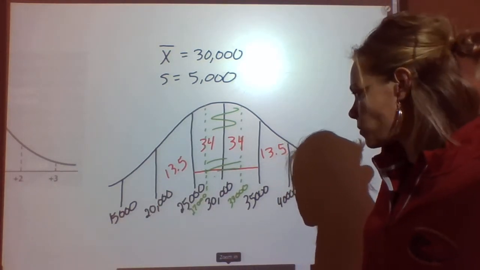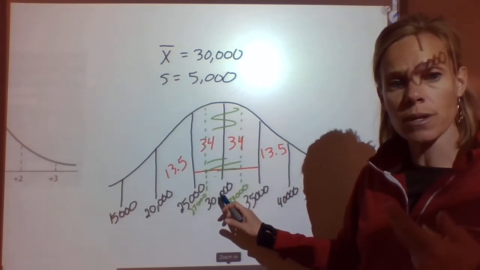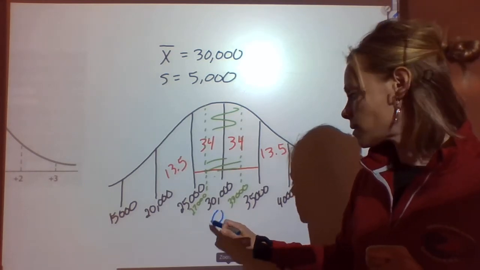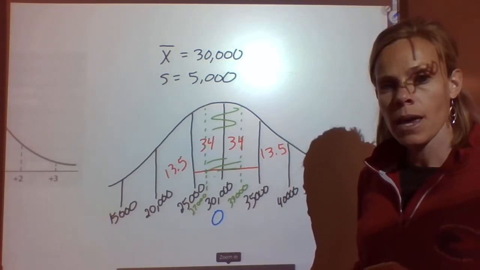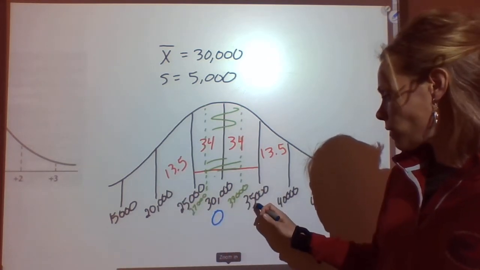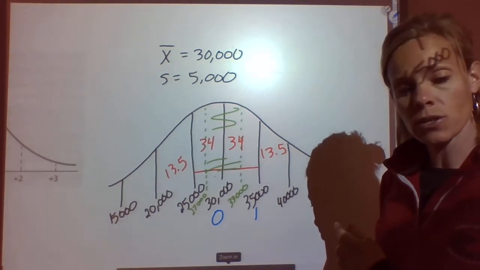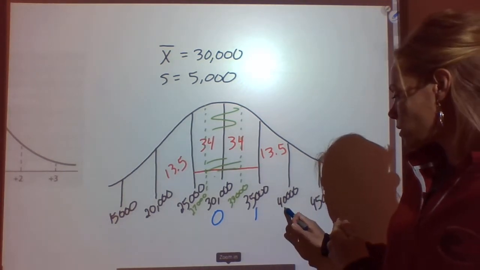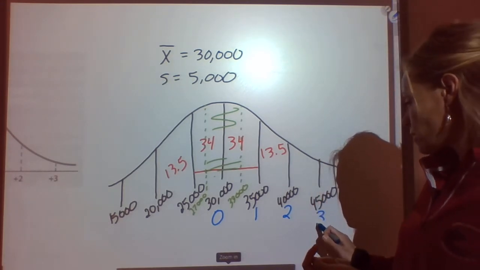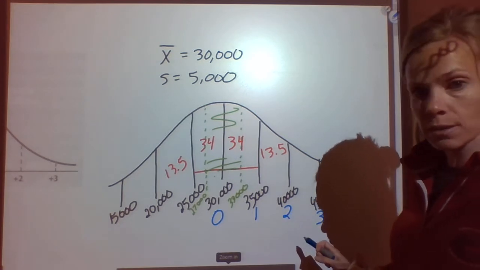So the thing with z-scores is that the mean, right, this 30,000 raw score is a mean. The z-score for the mean is always 0, okay? And then my one standard deviation, 35,000, that's going to have a z-score of +1 because it's one standard deviation from the mean. 40,000 is going to have a z-score of 2. And 45,000 is going to have a z-score of 3 because it's 3 standard deviations from the mean.